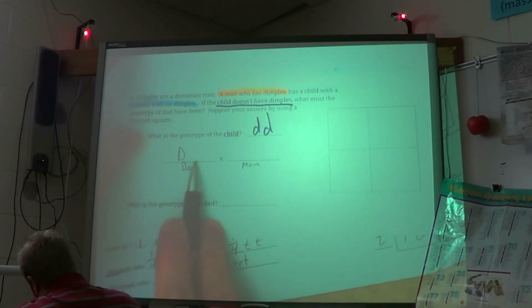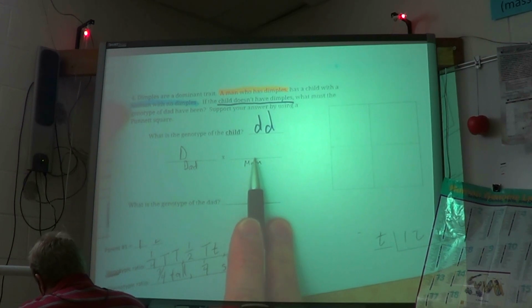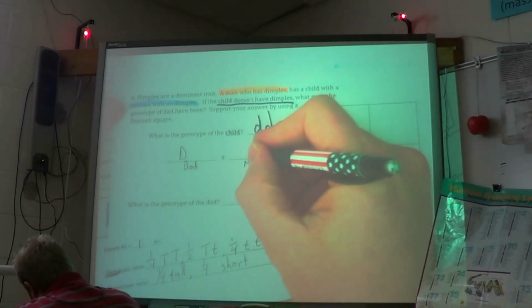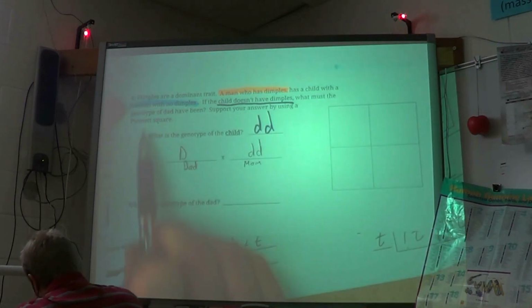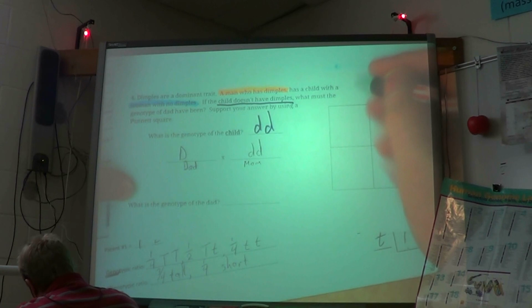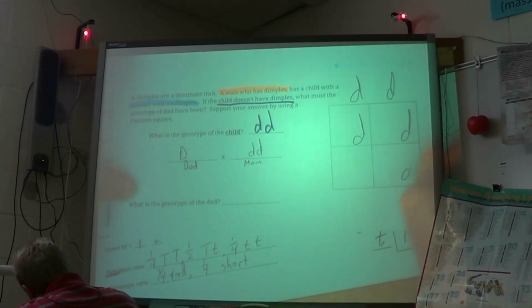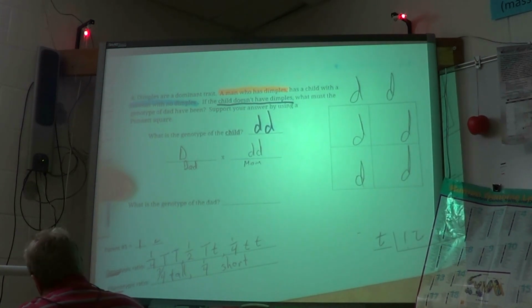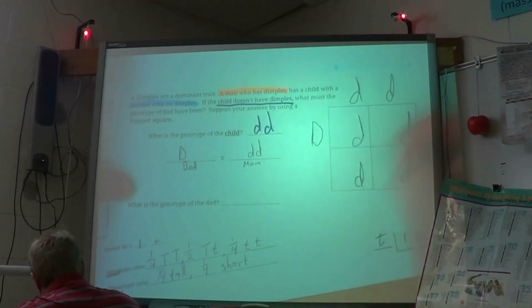You probably know it, but let's just start with, it has to be at least one big D. What does mom's genotype have to be? Little d, because no dimples is recessive. Right, so mom's going to be little d. That means mom only has the little d trait passed on. Dad is big D something.